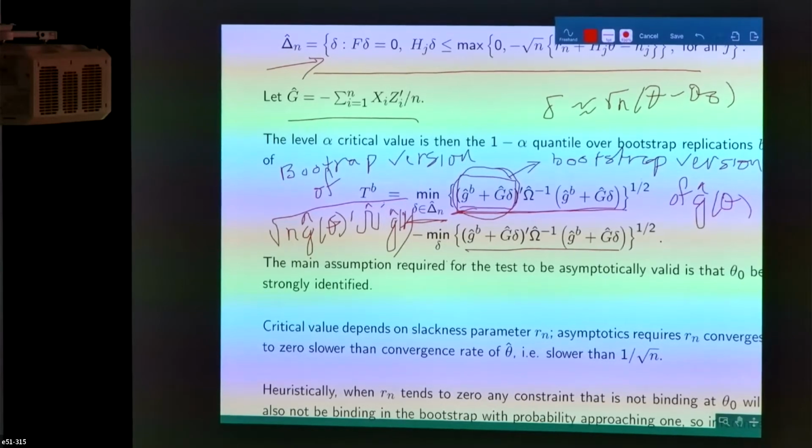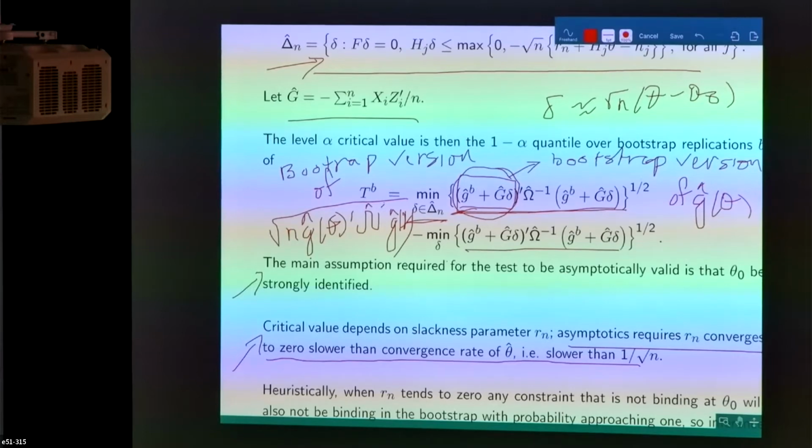Okay, so the main assumption required for the test to be asymptotically valid is that theta naught is strongly identified. The critical value depends on the slackness parameter. And as we mentioned before, the asymptotics requires that Rn converges to zero slower than the convergence rate of the restricted estimator.